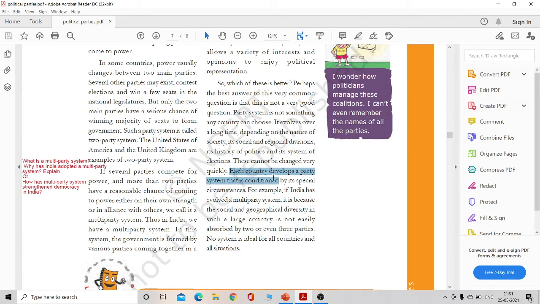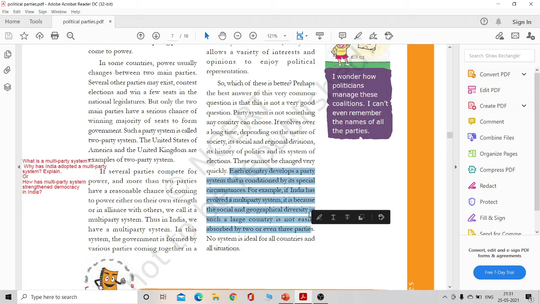Each country develops a party system that is conditioned by its special circumstances. For example, India has evolved a multi-party system because of the social and geographical diversity in such a large country, which is not easily absorbed by two or even three political parties, right?